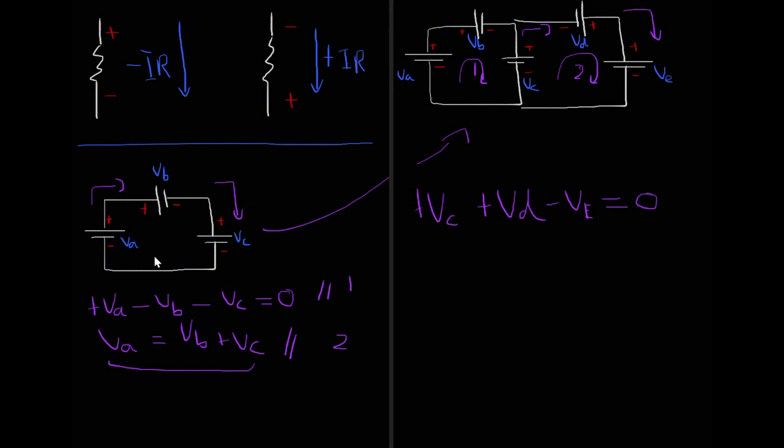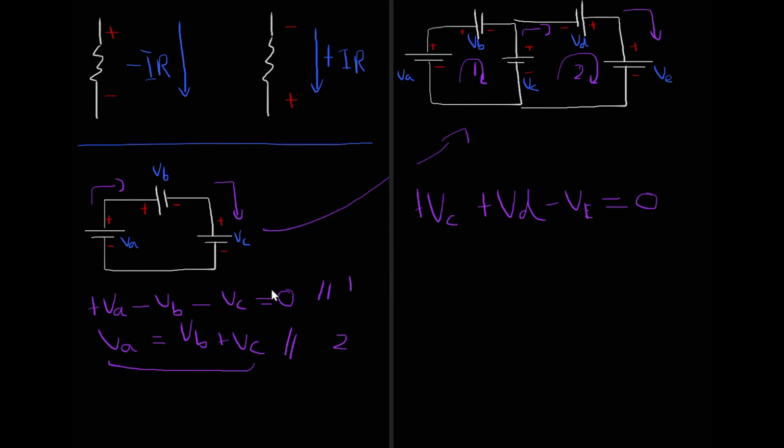So in conclusion, we have multiple batteries in the circuit. This is one loop. It goes from a low to high potential, high to low potential, high to low potential. If it goes from low to high potential, it's positive. If it goes from high potential to low potential, we get a negative, and it just continues on, depending on how many batteries or voltages we have, and it all adds up to 0.